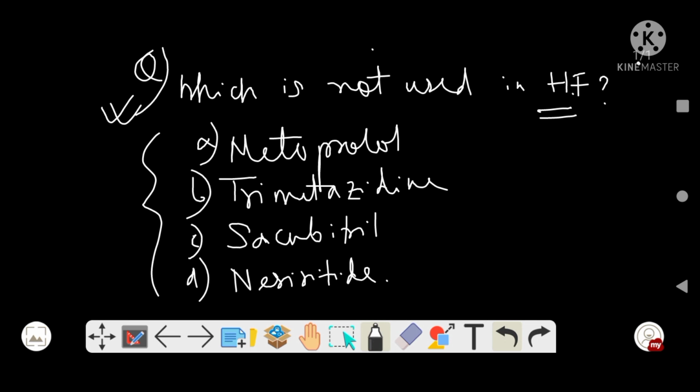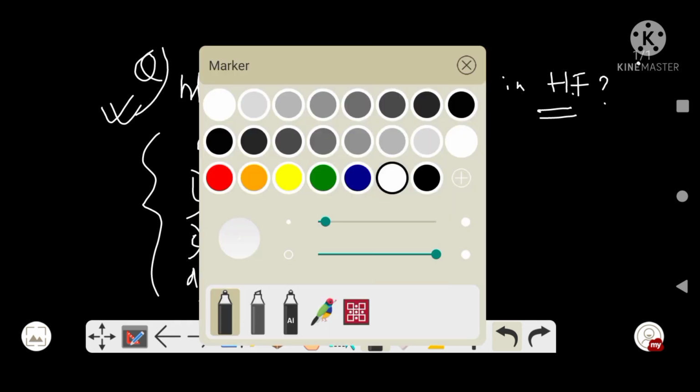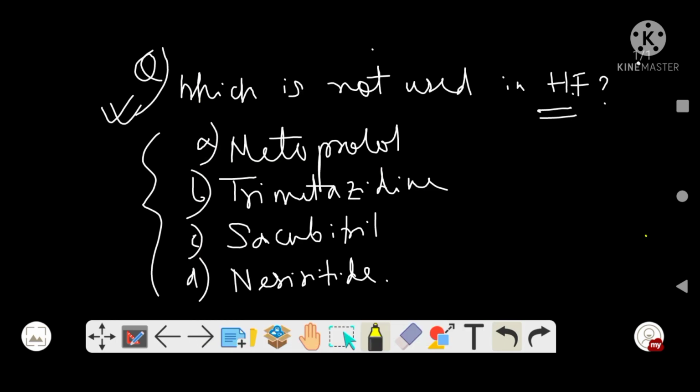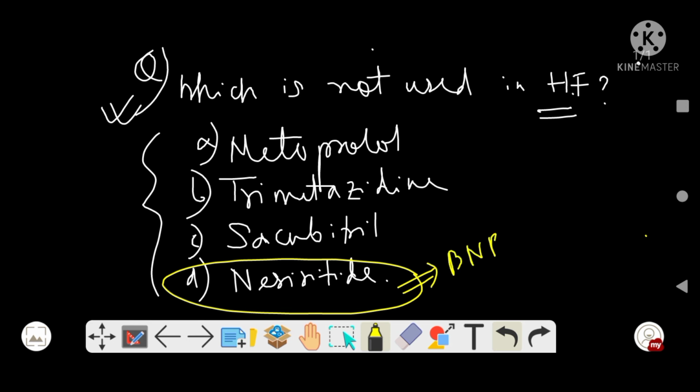I will first talk about nesiritide. Nesiritide is a BNP analog, which is approved for treatment of resistant pulmonary edema associated with acute congestive heart failure.